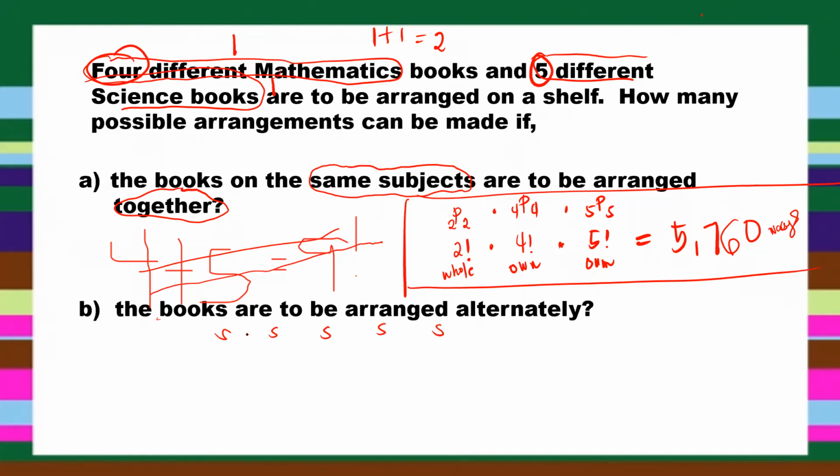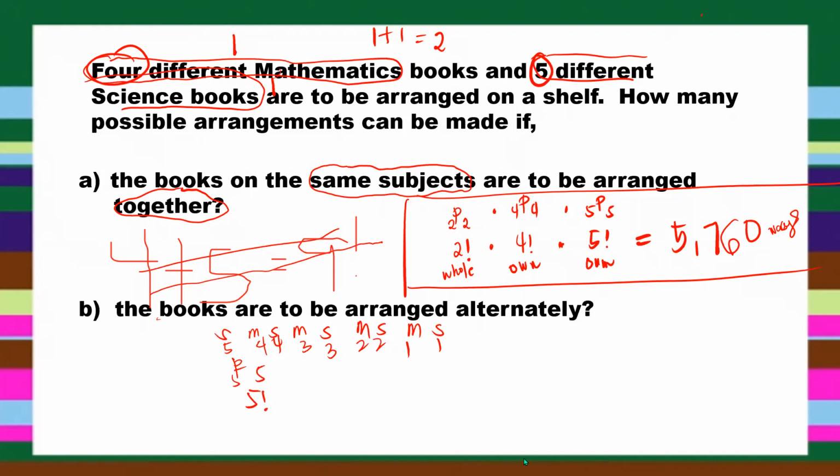Alternate sila ng math book. So ilan yung choices natin for science? That's 5, 4, 3, 2, 1. Then yung math book natin is 4, 3, 2, 1. Okay? Or simply, permutation of 5 taken 5 at a time. That's 5 factorial.